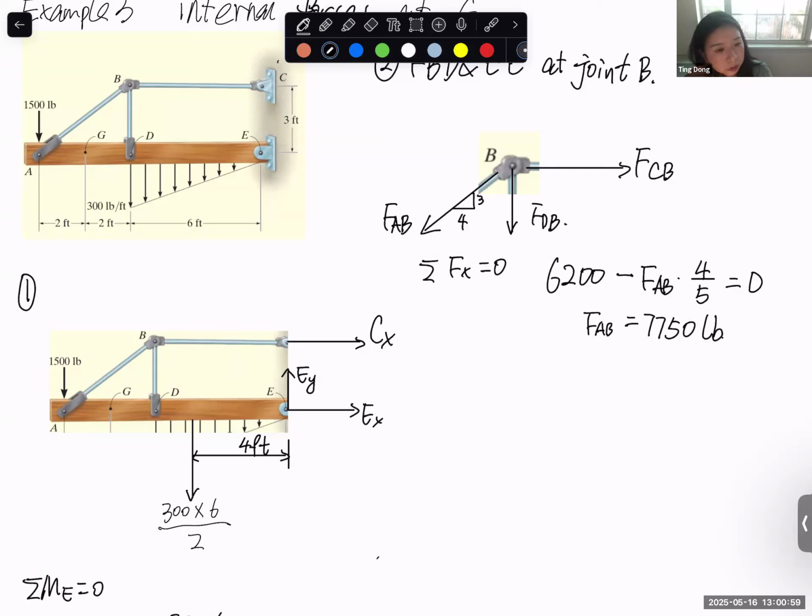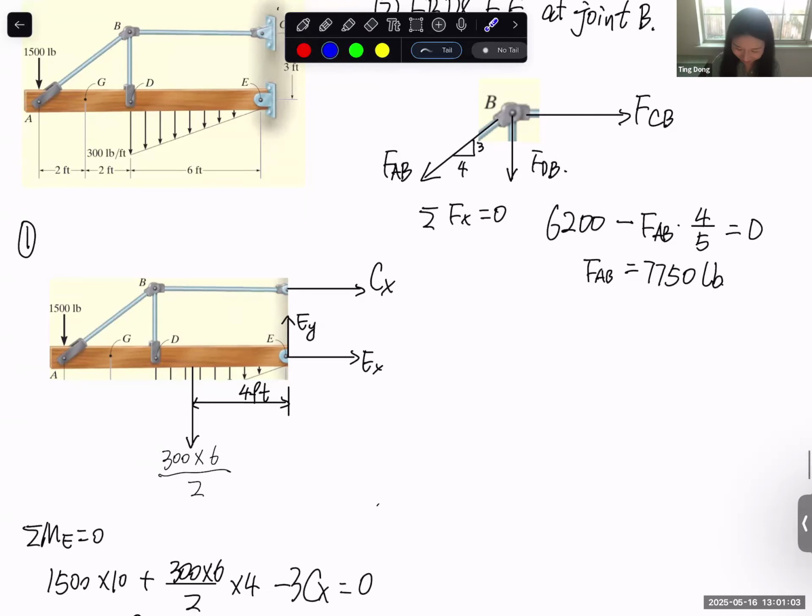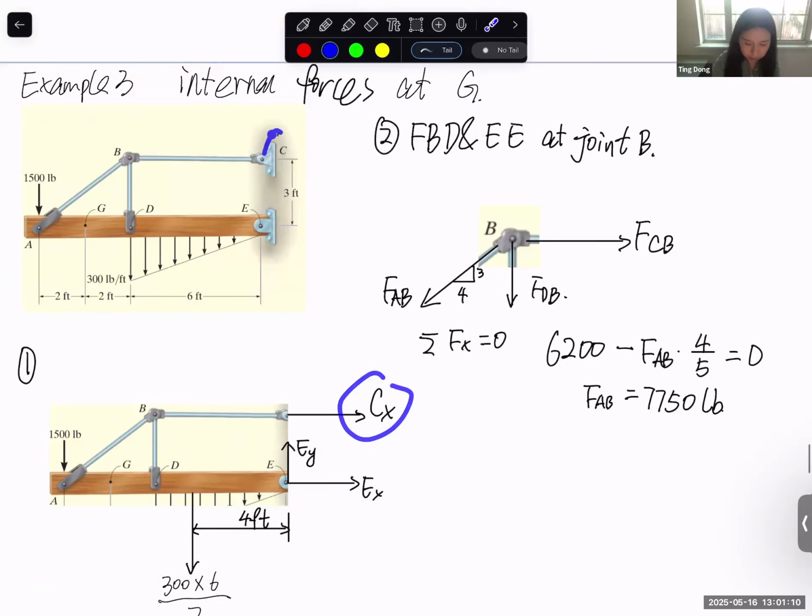Opposite of the wall. What do you mean by opposite of the wall? Let's be clear. The one I'm putting here is a reaction force. Reaction force means that it's a force applied by the C to this bar.